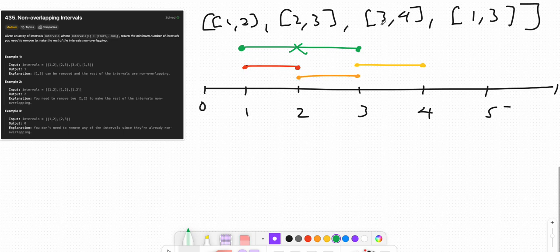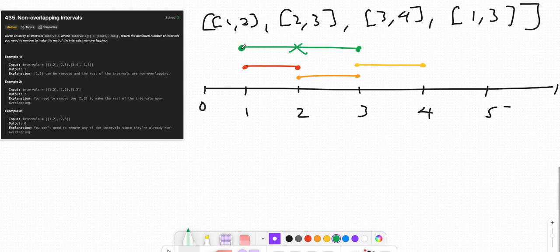And then we come here, 3 to 4, the end of this one is the beginning of the next one. Then we come here, right, the last one. The end of this one is greater than the beginning of this.